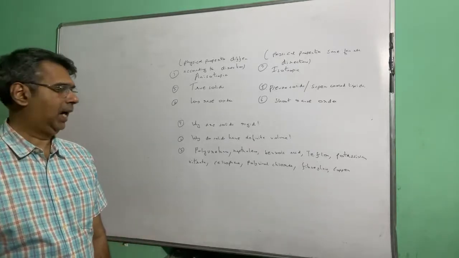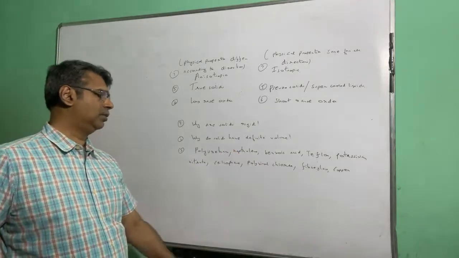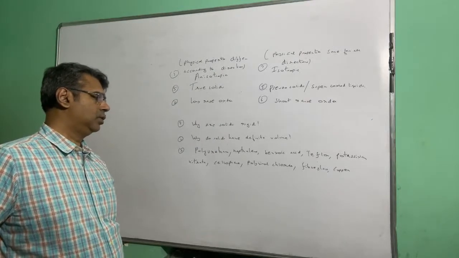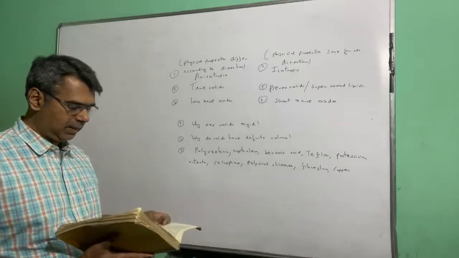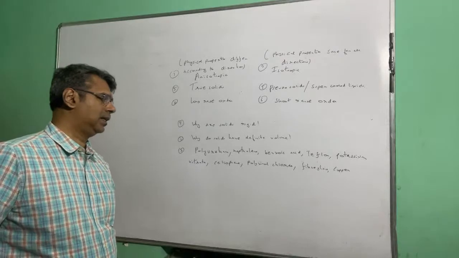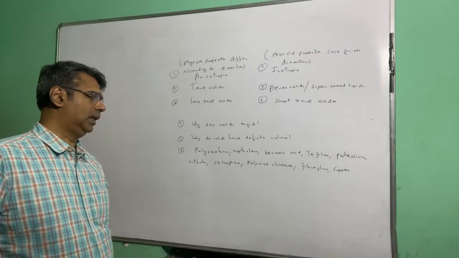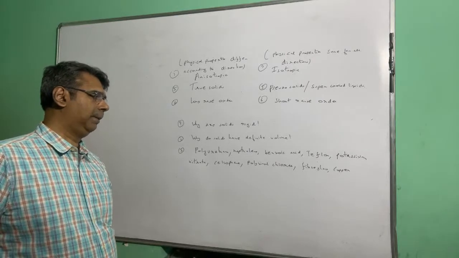And the third one, you have to answer which of these are crystalline and which are amorphous. Just remember what I told you earlier, that glass, plastics, rubber, these kinds of objects which are generally classified as polymers will be amorphous and the rest will be crystalline.